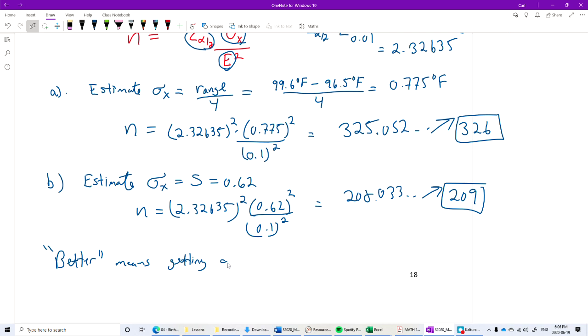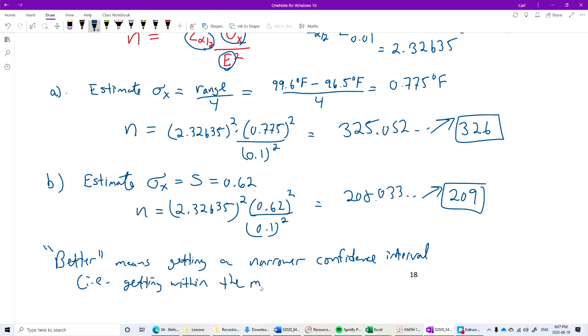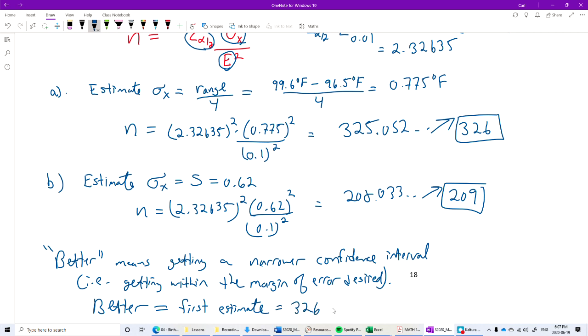Presumably it means getting a narrower confidence interval, in other words, getting within the margin of error that we wanted. So likely the better one here is the first estimate, which is 326, in other words, the larger estimate.